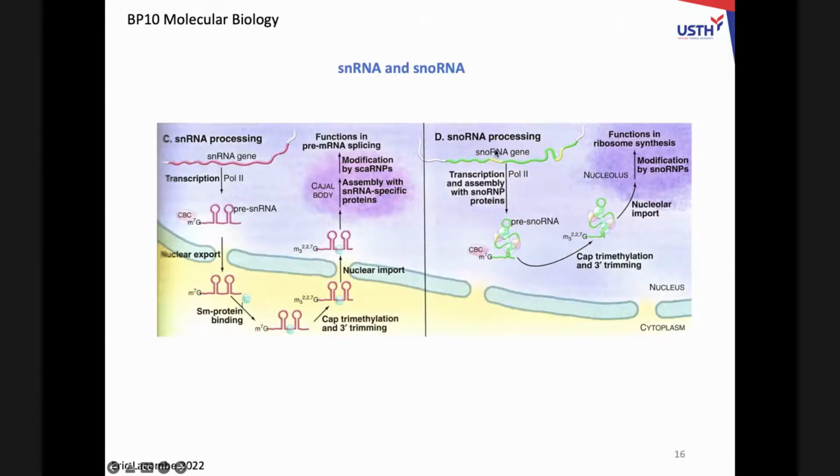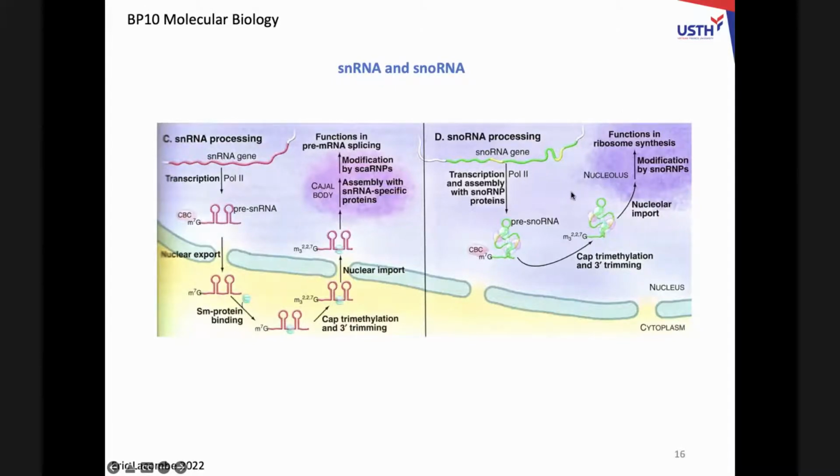Those snoRNA genes are transcribed by Pol2, exactly like the snRNA genes. The only difference is that the pre-snoRNA doesn't go into the cytoplasm before coming back to the nucleus. The pre-snoRNA stays in the nucleus, interacts with proteins, and then goes directly into ribosome biosynthesis.